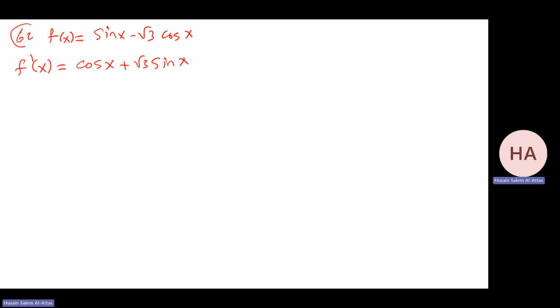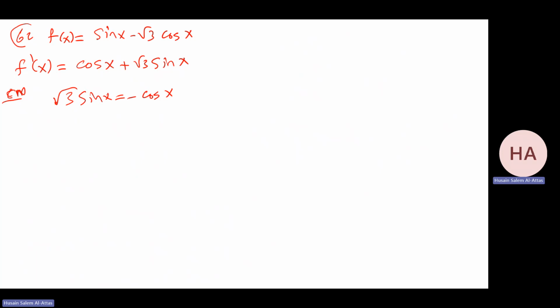Okay. If you want to make this equal 0 to find the critical numbers, I have cosine x equal minus the square root of 3 sine x. Or let me do it the other way: square root of 3 sine x equal minus cosine x, so I deal with tan instead of cotangent.